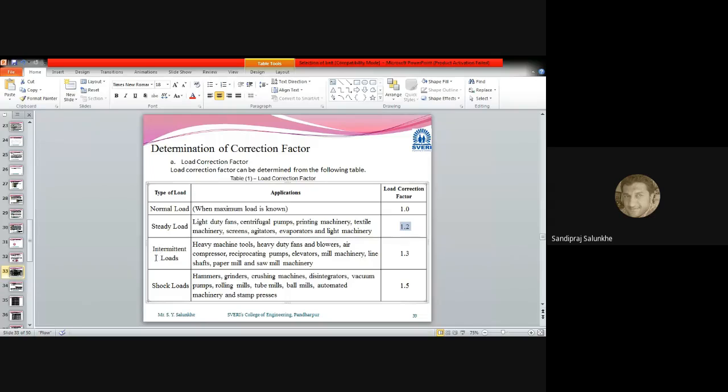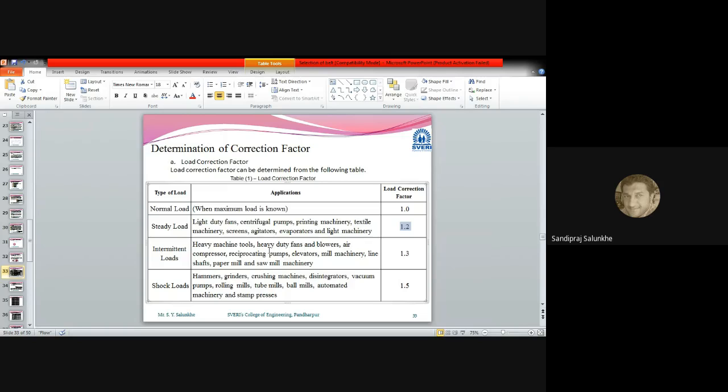Now next is intermediate load. That means rather than the small loads or light loads, we are going to have some higher load, that is heavy machine tools. This heavy machine tool includes big turret lathes, then heavy duty fans and blowers. These include the FD fan, forced draft fan, then ID fan, induced draft fan of boilers.